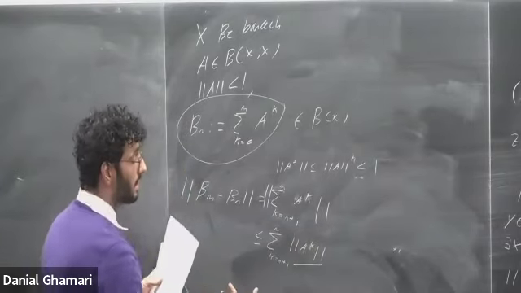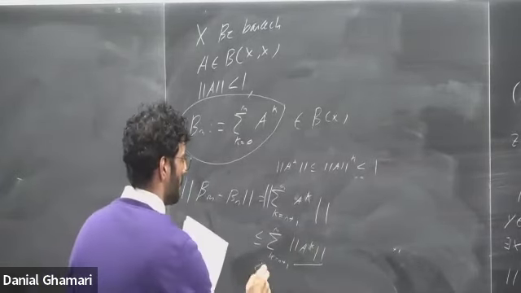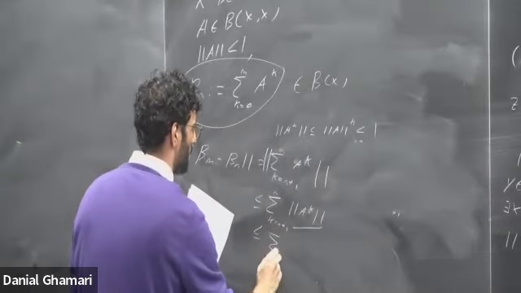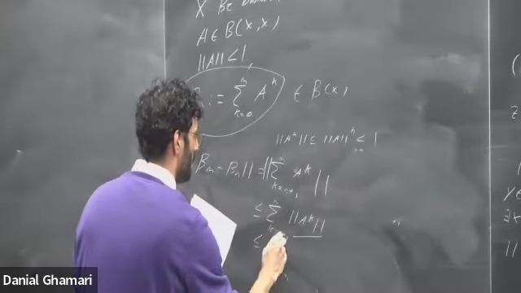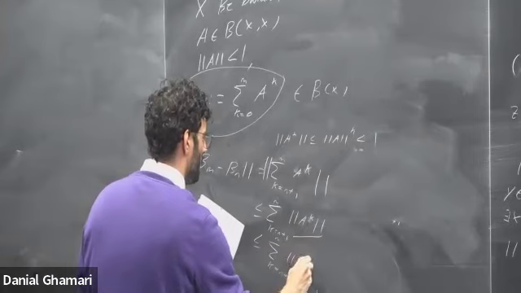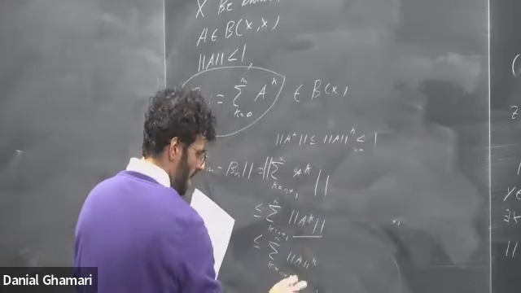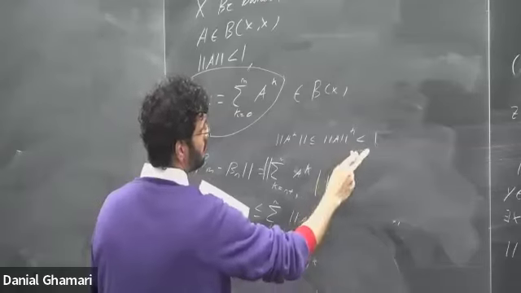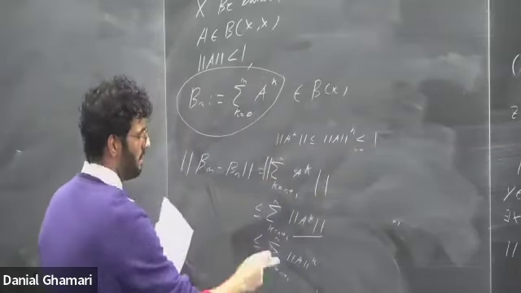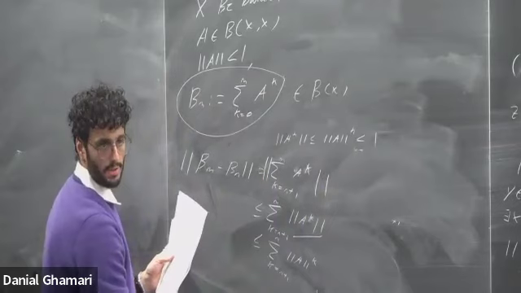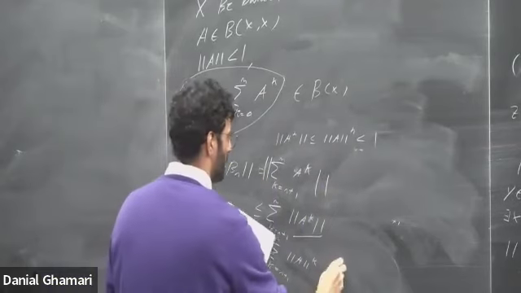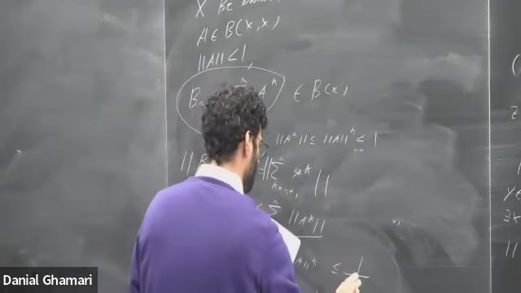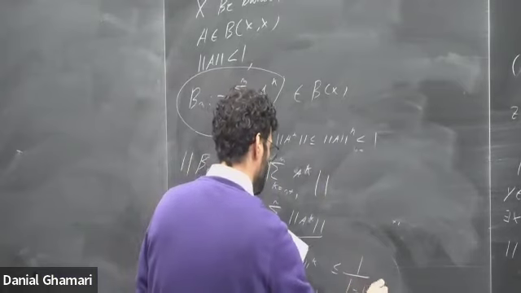But we have that the norm of a is less than 1, so this is just a geometric series. So I can bound this above by 1 over 1 minus the norm of a.